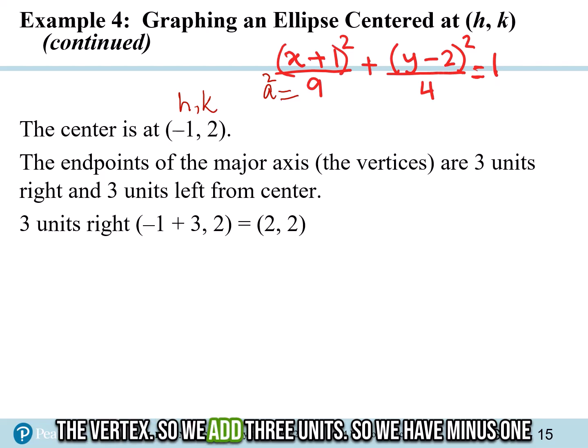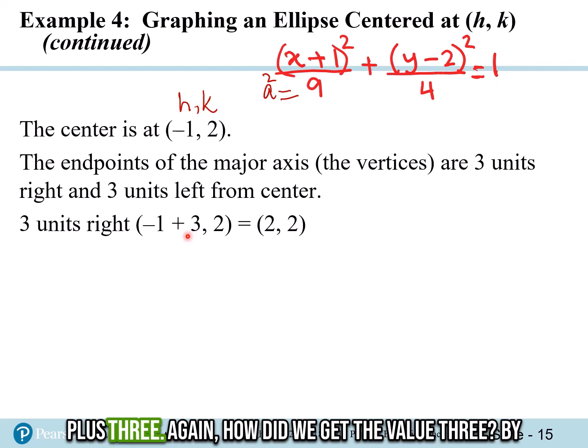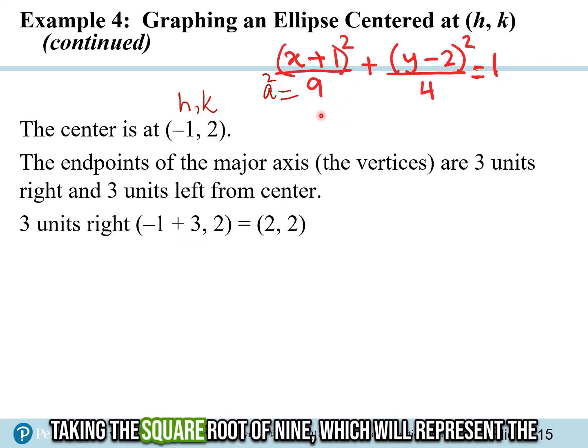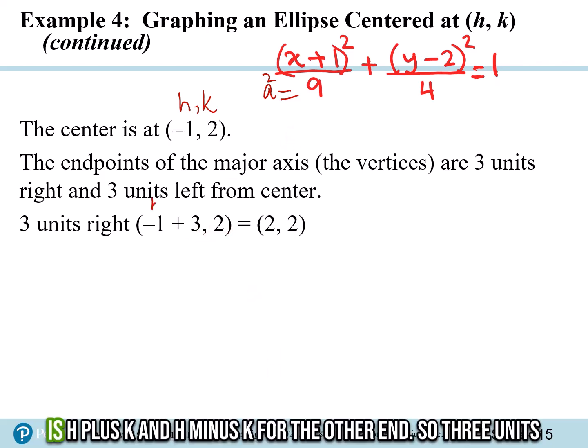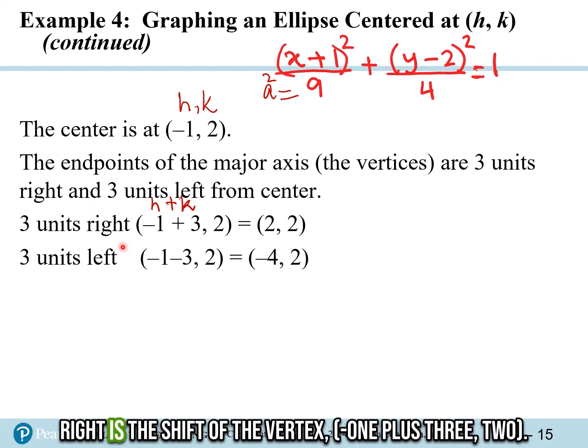So we add 3 units, so we have -1 + 3. Again, how did we get the value 3? By taking the square root of 9, which represents the value of a. Essentially, the formula is h plus a and h minus a for the other end. So 3 units right is the shift of the vertex, -1 + 3, comma 2.